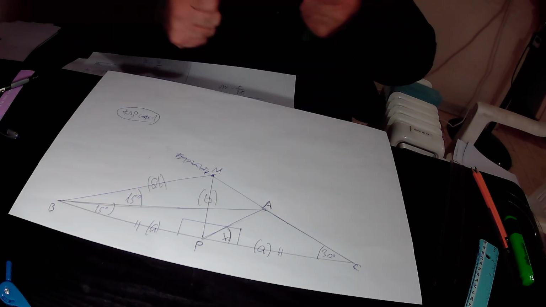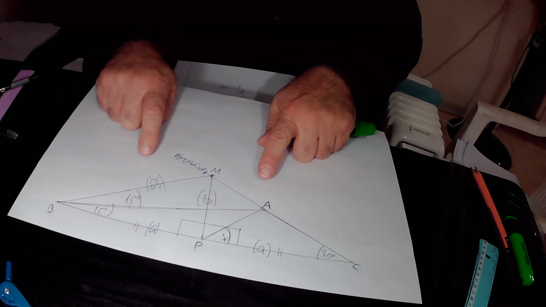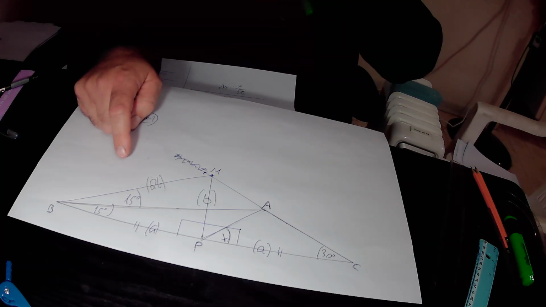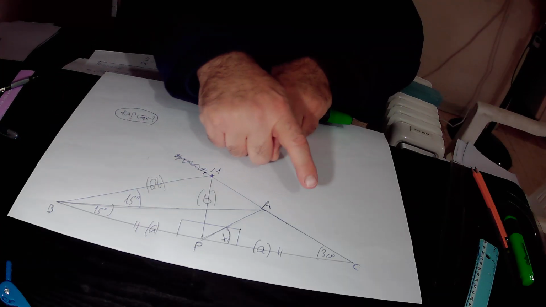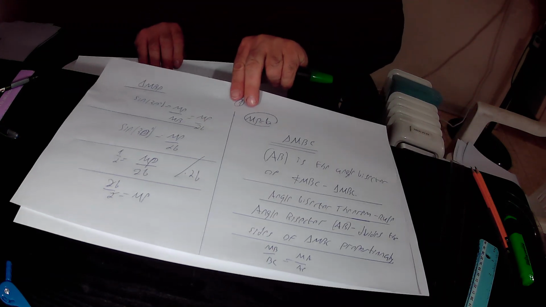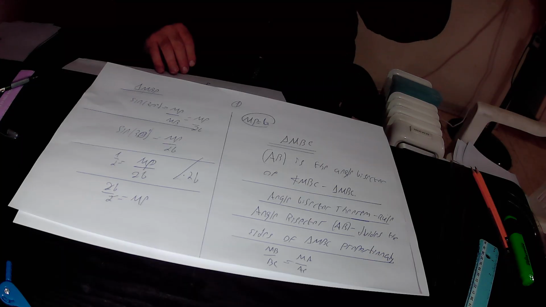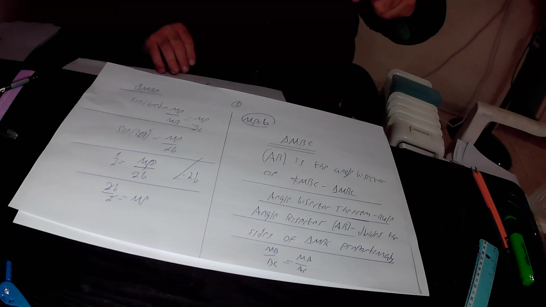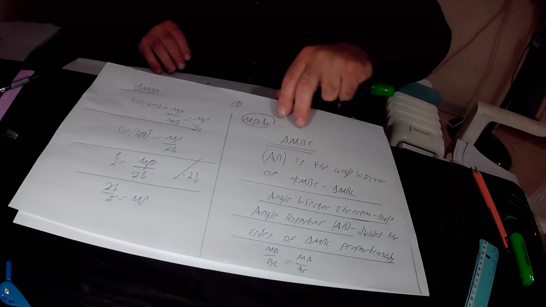And because AB is the angle bisector of triangle MBC, it divides the sides of triangle MBC proportionally. That is to say, MB over BC equals MA over AC.